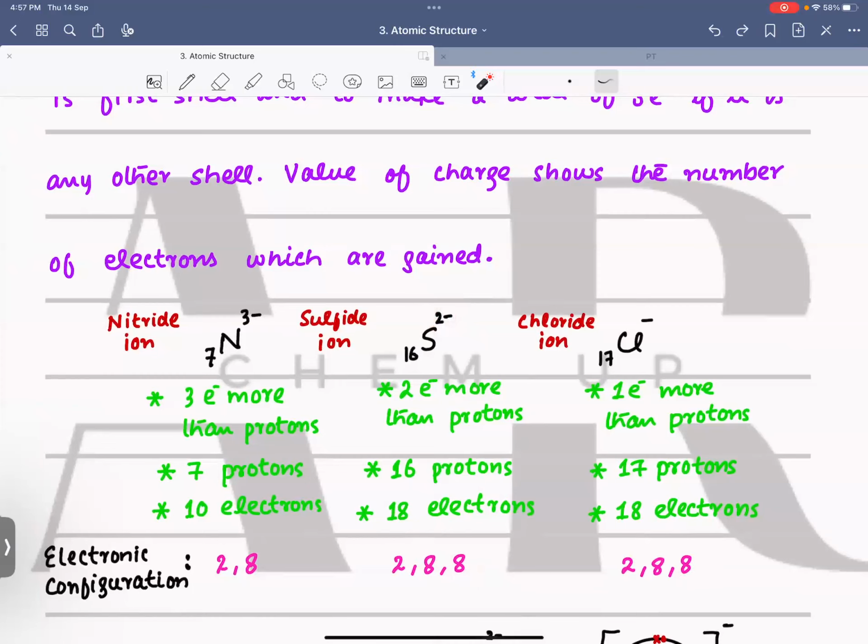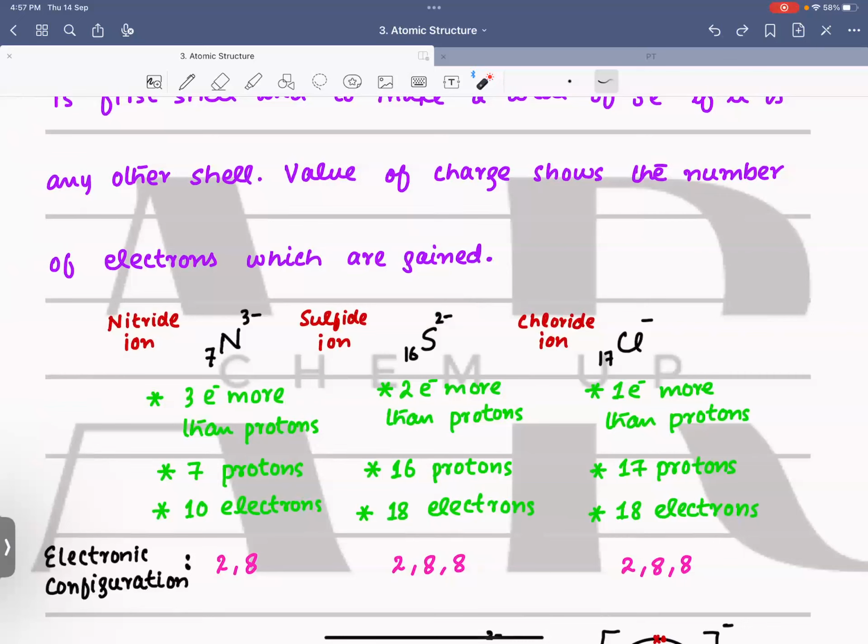Okay, so when we draw the electronic structure of these, we make a little difference compared with the previous one. In the previous one, we represent the electrons with dots, and in the case of a cation, the electrons were lost. Here, those electrons are actually gained by these atoms.